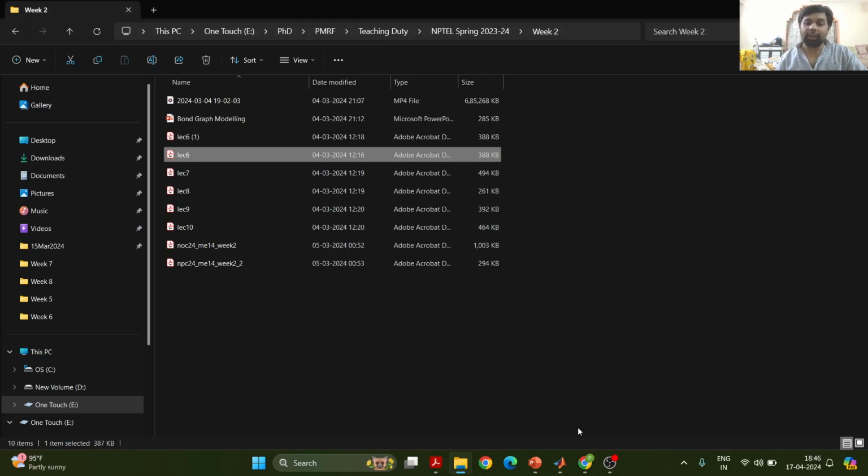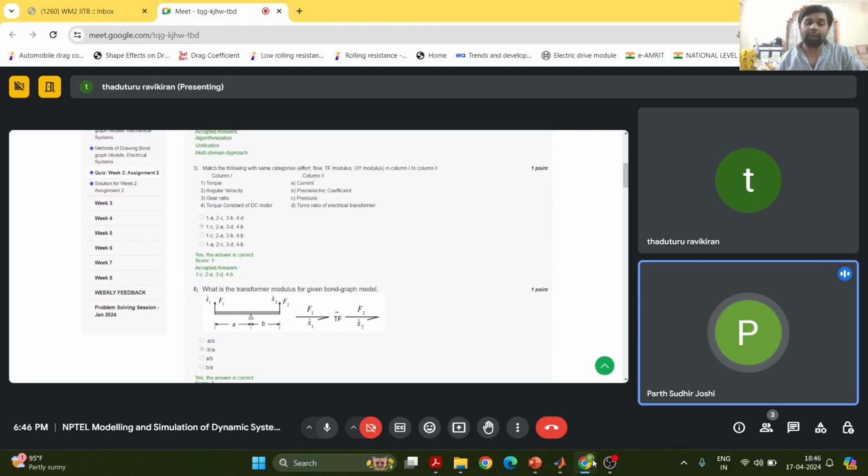Generally we have those concepts of flow and effort. Here it is the torque about that fulcrum.